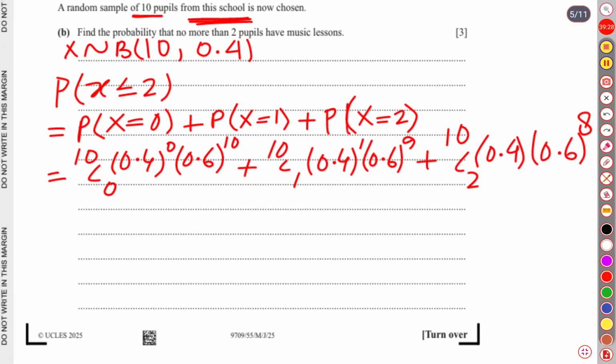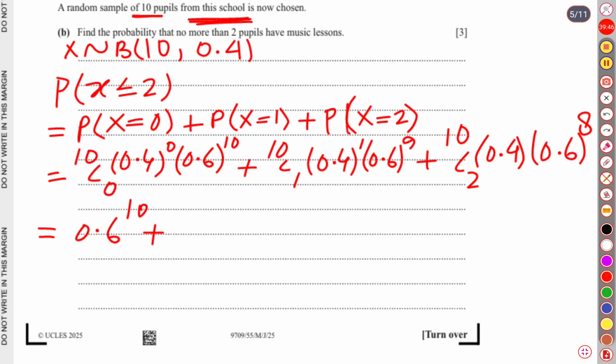Let us do this calculation here. From 10, if we choose no one, there is only one way. And 0.4 raised to 0 is also 1, so it's actually 0.6 raised to 10.